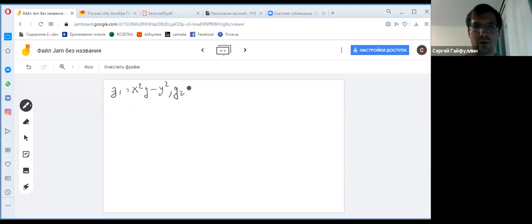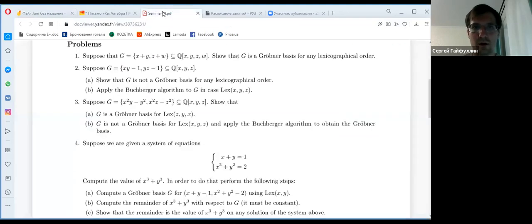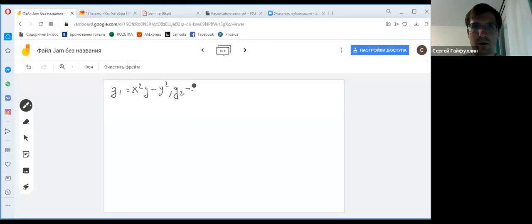G2 is equal to x squared z minus z squared. And we have ordering x is bigger than y is bigger than z.